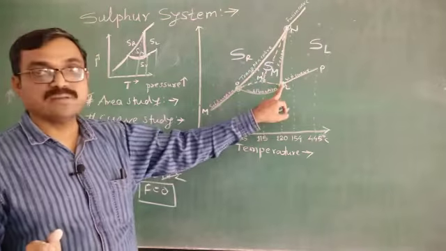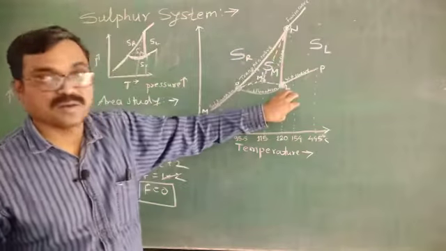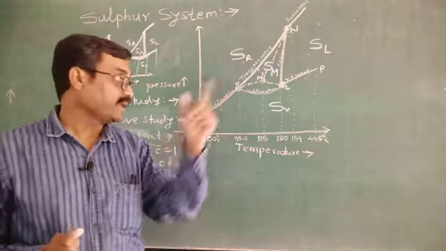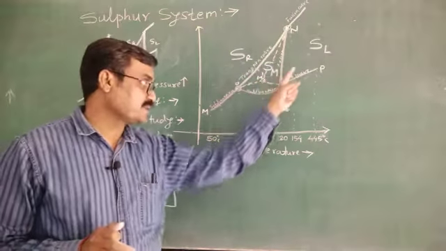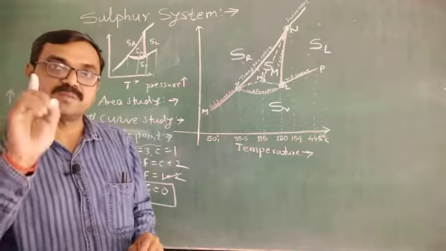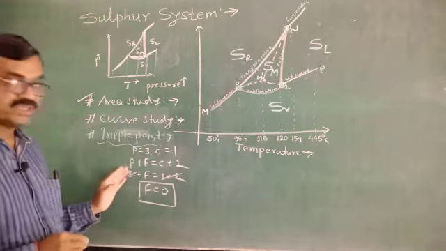Now see this triple point. How many phases are there? Monoclinic, liquid and vapor. Again, number of phases 3. Again, chemical composition Sm, Sl, Sv. Sulfur exists as S8, chemical composition 1. Again put, again you will get F equals to 0.